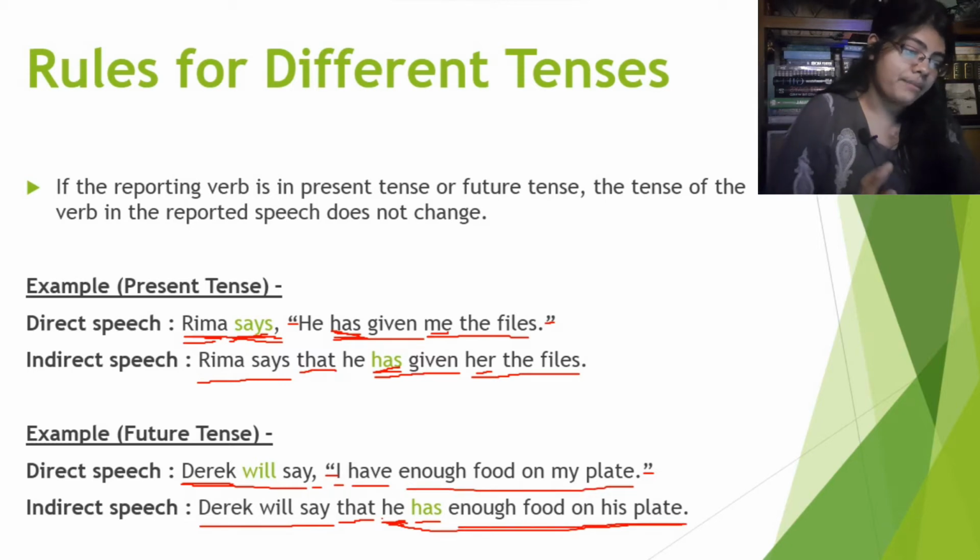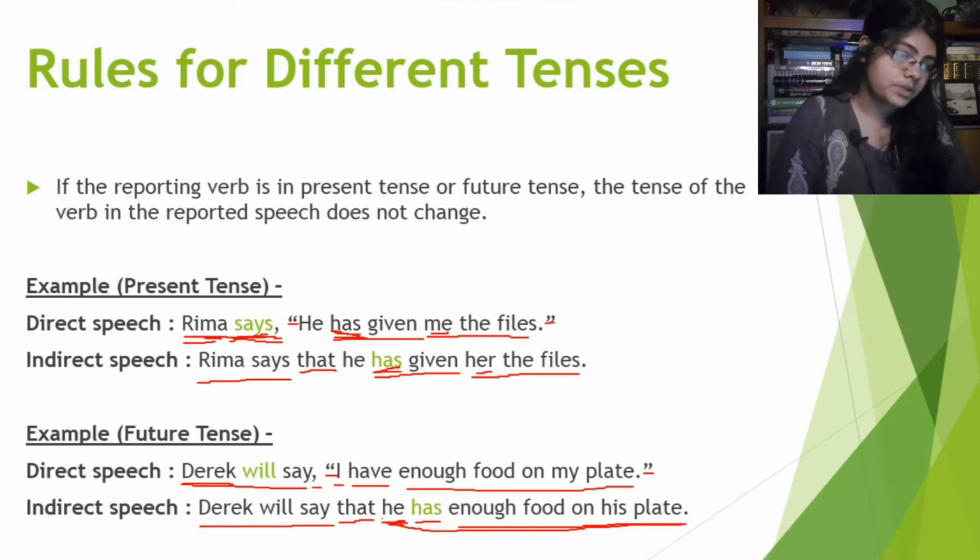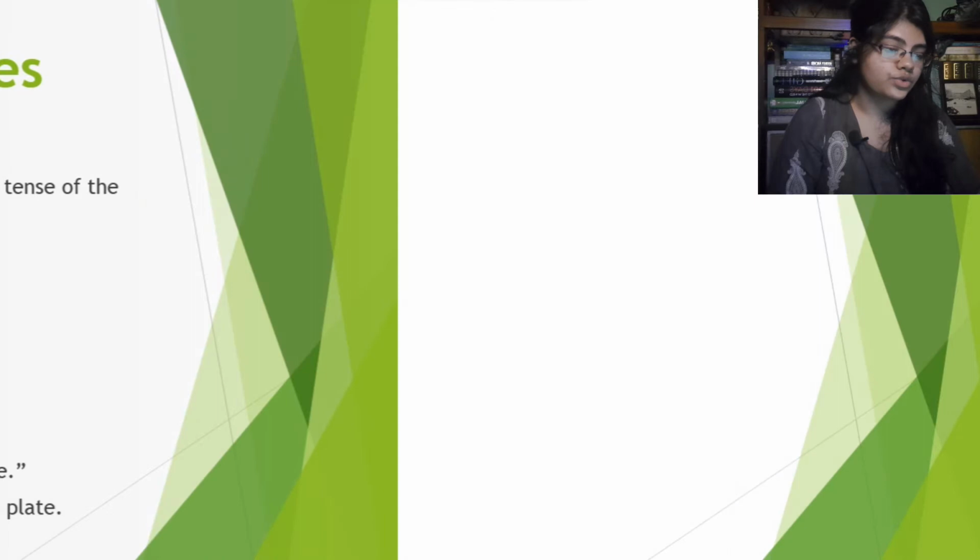Now we can see that because the reporting verb is in future tense, which is will, that's why the verb in the reported speech, that is have, did not change its tense. Have did not become had, it just became has. Alright, I hope you understand it. Now comes the next rule.